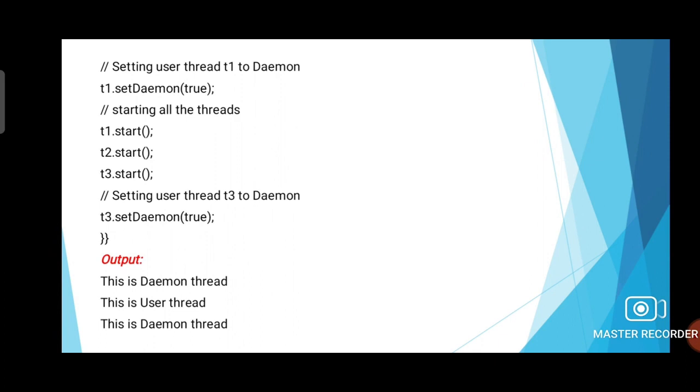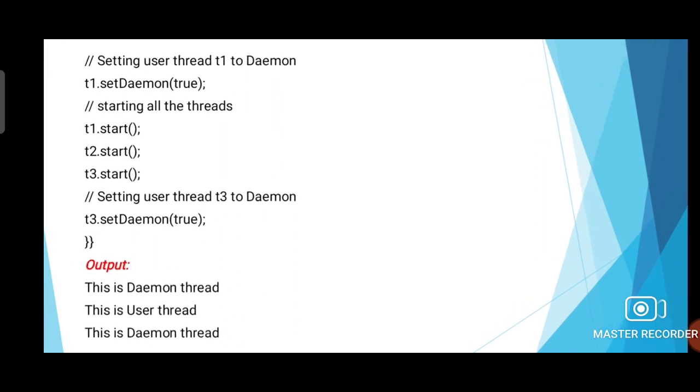The method is setDaemon, so t1.setDaemon(true). By this statement, the t1 thread was set as a daemon thread. After that, we are starting the threads t1, t2, t3. We all know when the thread is started, the run method will be executed.